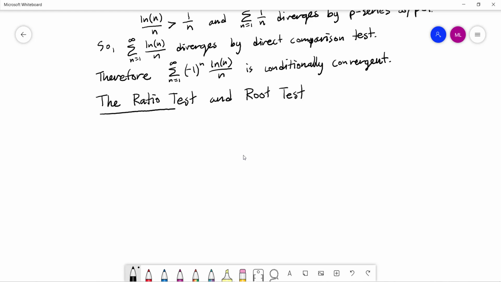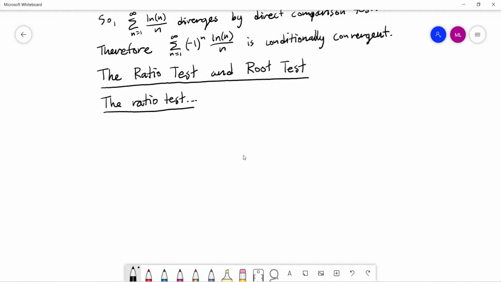So here are the two tests that we're going to learn related to convergence. The first one is the ratio test, and this is certainly something we'll see show up occasionally. So the ratio test, start with that one.